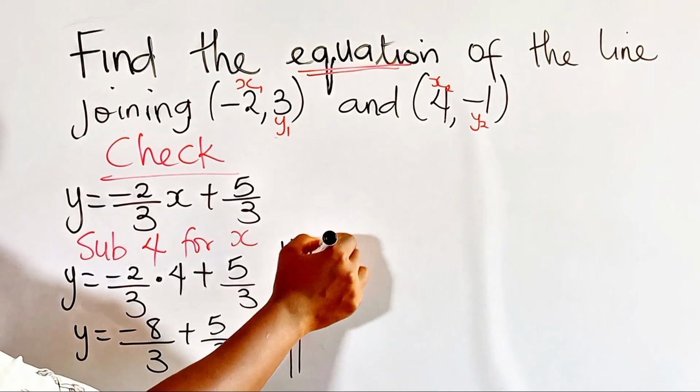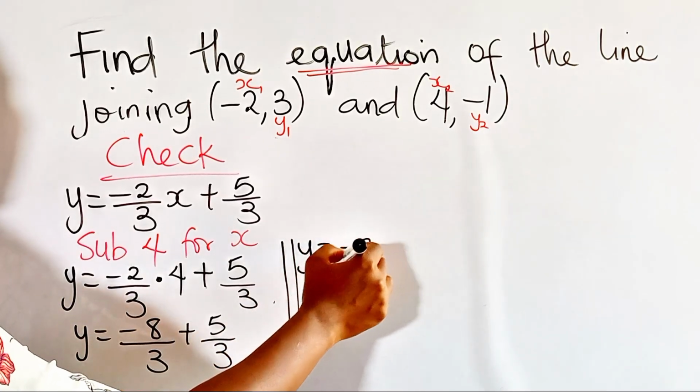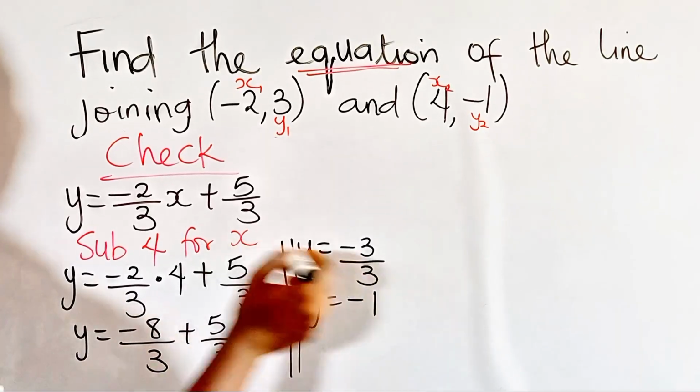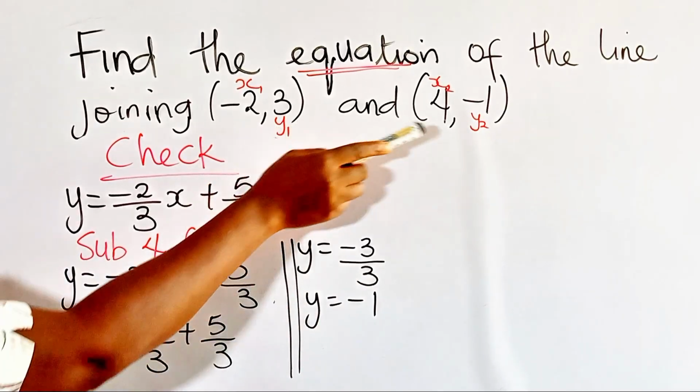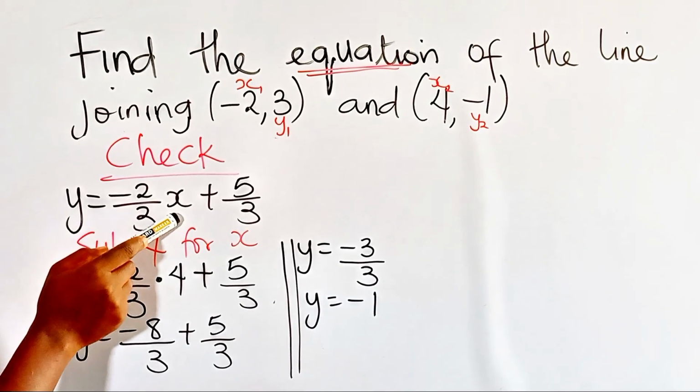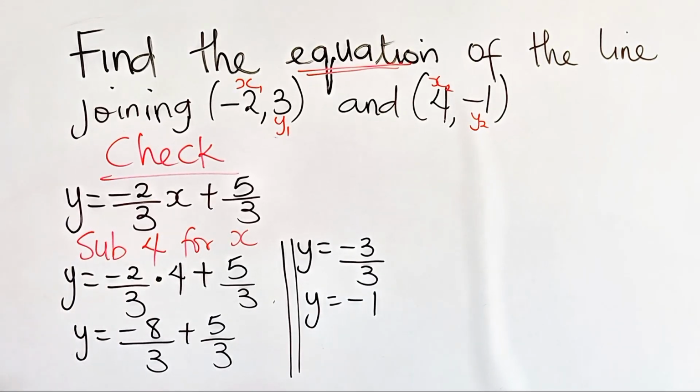This gives y is equal to minus 3 all over 3. Therefore, y is equal to minus 1. See, both points worked. It therefore means that we did not just get the answer, we proved the answer.